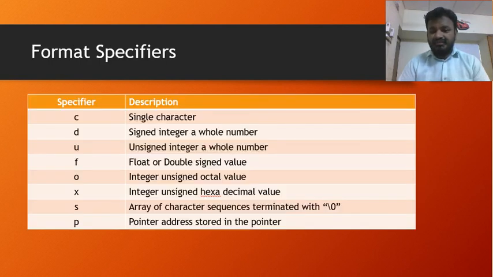For example, C is for a single character, and D is for a signed integer or whole number, and U is for an unsigned integer, and F is to print float and double, and O is to print in octal value, and X is to print in hexadecimal value, and S is to print the character sequence of an array, and P is to print the address location of the pointer variable, that we will see over here.